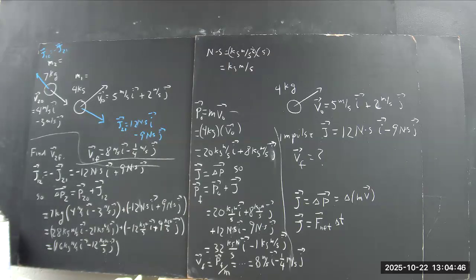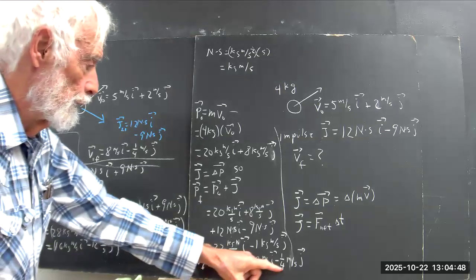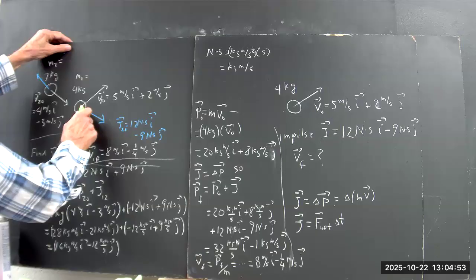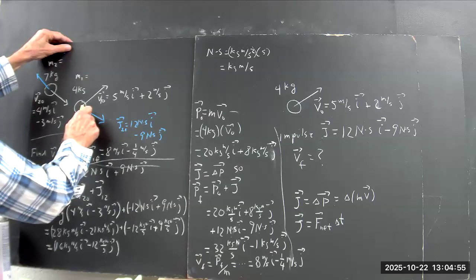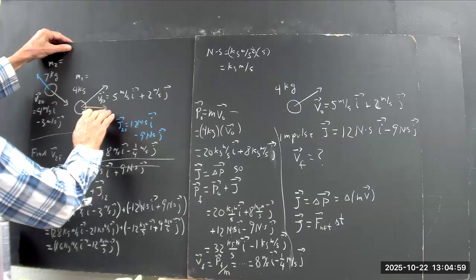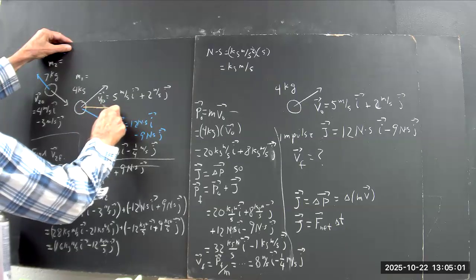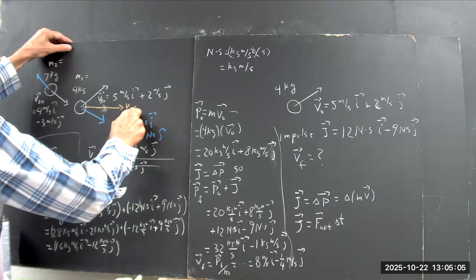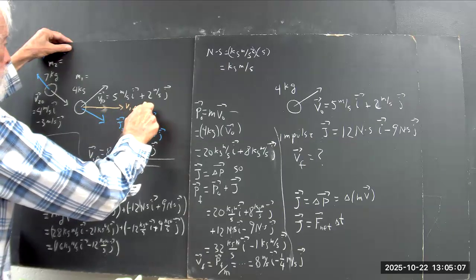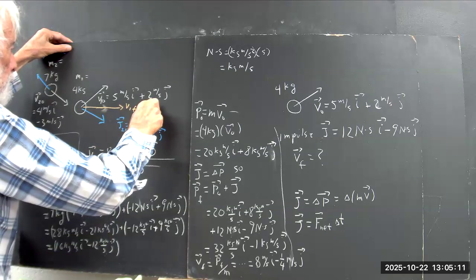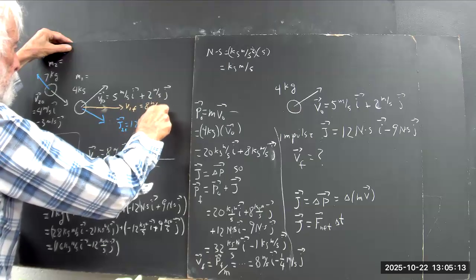Okay. 8 meters per second I minus 1/4 meter per second times J. It's not kilogram meters per second, it's meters per second.